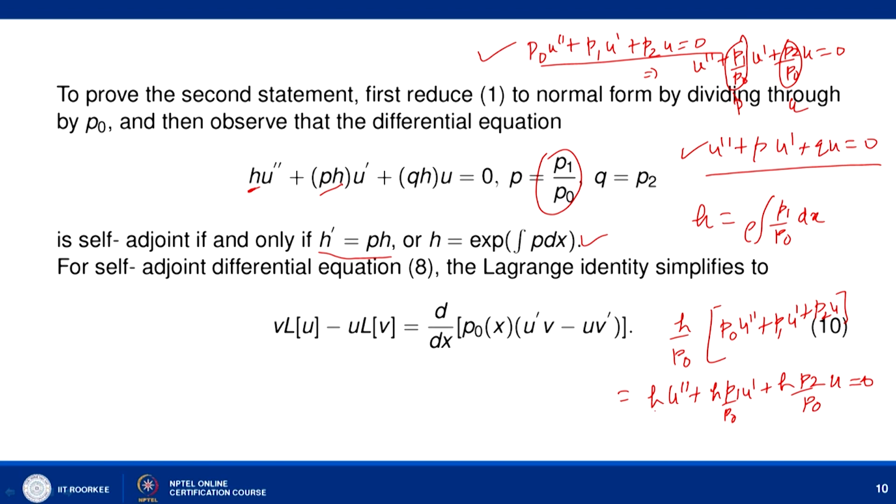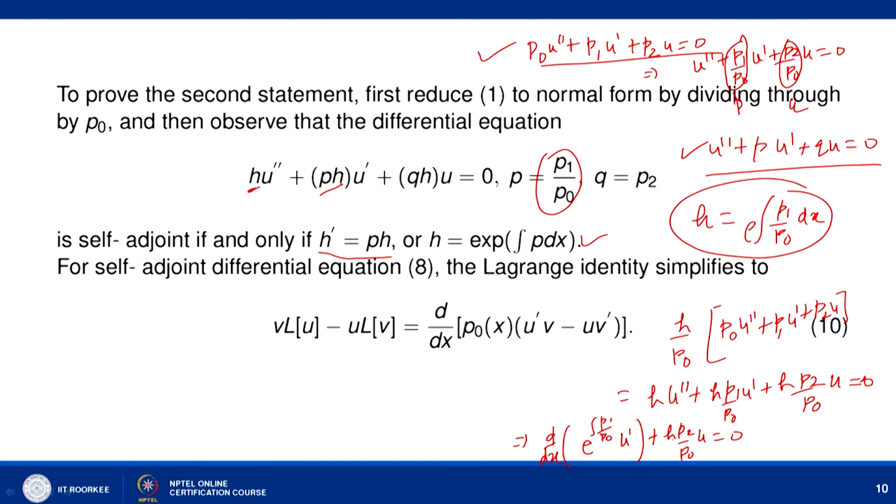If h is this, then this can be written as d by dx of exponential of the integral of P1 by P naught times u dash, plus h P2 by P naught u equal to 0.